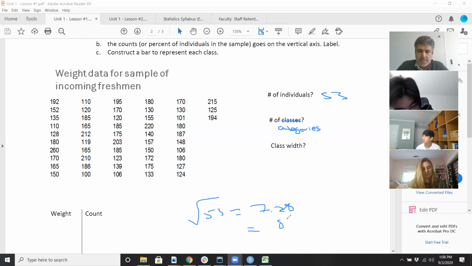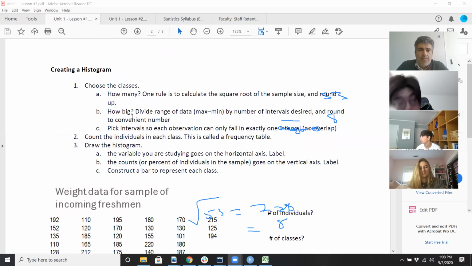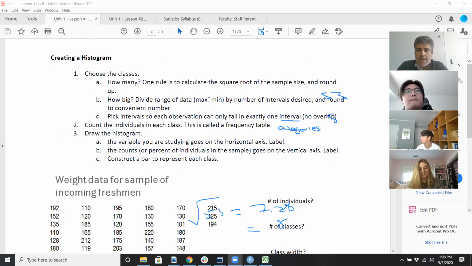So we'll do 8 classes or 8 categories. Then the next thing you probably want to do is find the range, the max minus the min, and then divide by the number of categories we have.